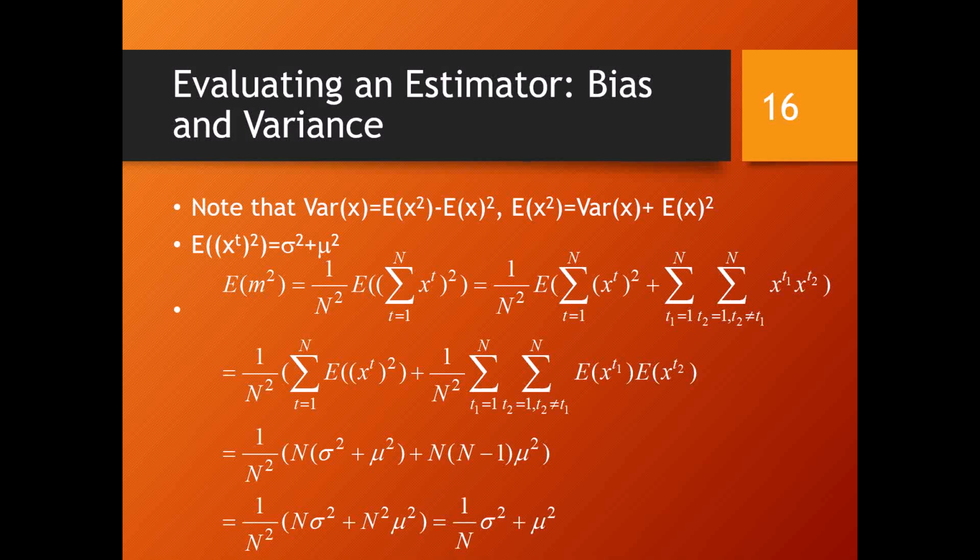So the variance of x is equal to the expectation of x squared minus mu squared. So the expectation of x squared is equal to the variance of x, which is sigma squared, plus this. This is mu squared, right?